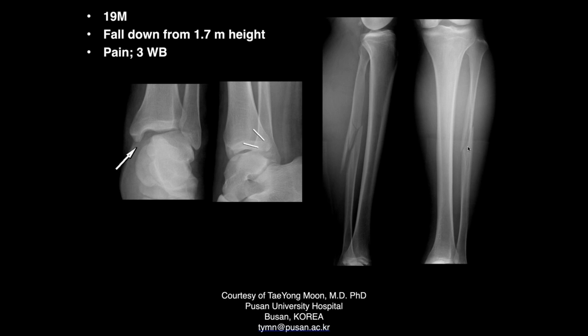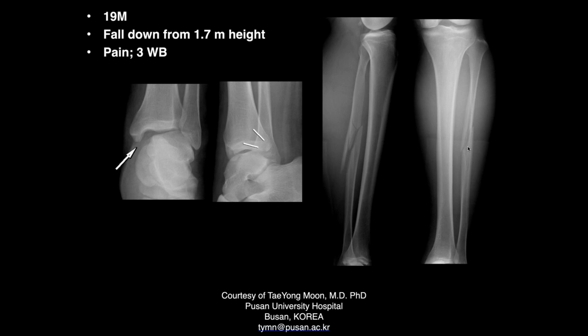So, Jennifer, what do you think of this case? Okay, so we have a 19-year-old who fell from 1.7 meters height with pain and difficulty weight bearing. We can see here that there is significant widening of that medial ankle mortise. On the lateral view, there's also some slight posterior subluxation.